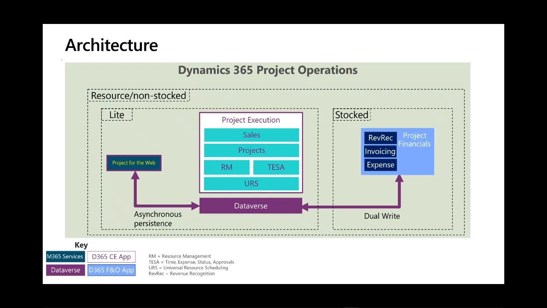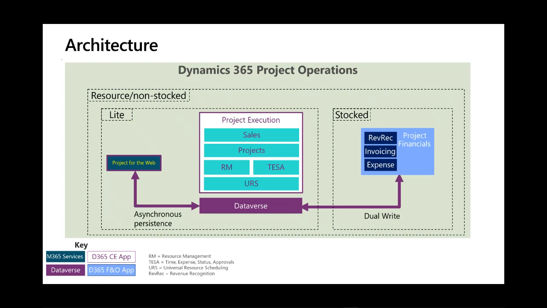As you can see in our simplified diagram, the components making up your project operations solution will depend on the deployment type you select. In the Lite deployment type, you're using only the customer engagement app, which also wraps the Project for the web engine for schedule management.